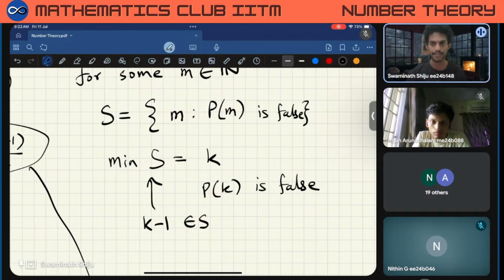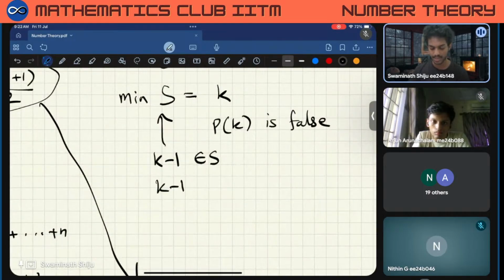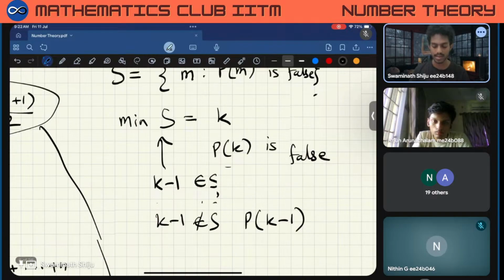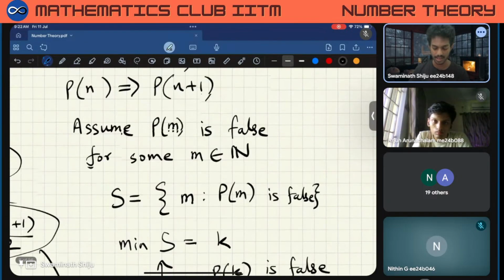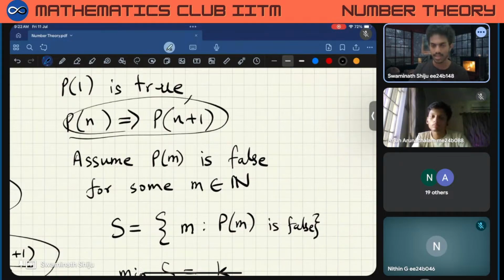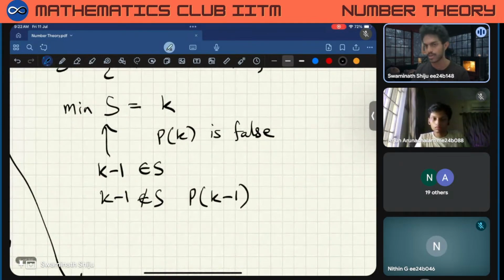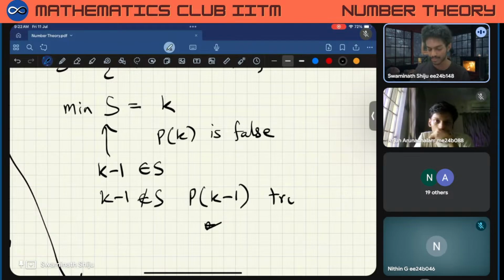That is the first thing. If k minus 1 doesn't belong to S, then from our conditions for weak induction, it must imply that Pk minus 1 is true, because if it was false, it would belong to S. That is what not belonging to that set means.